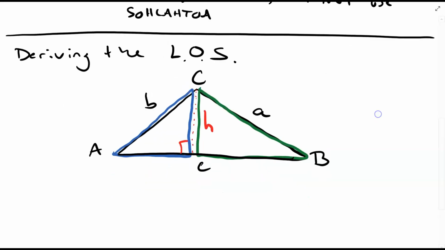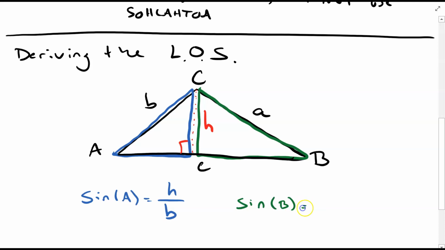All right. So using the blue triangle, I can use SOHCAHTOA because it's a right triangle and say that sine A is equal to h over b. And inside of the green triangle, again, SOHCAHTOA applies because it's a right triangle.